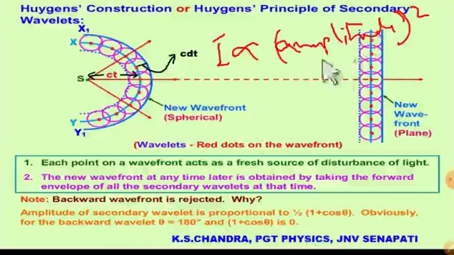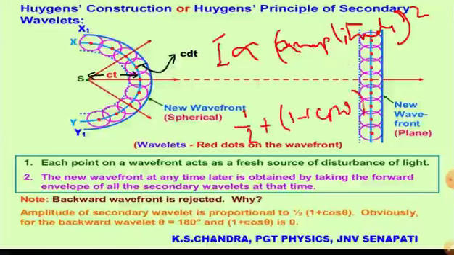Due to Stokes law, the amplitude of the secondary wavelet is proportional to half times 1 plus cosine of theta. What is this theta?